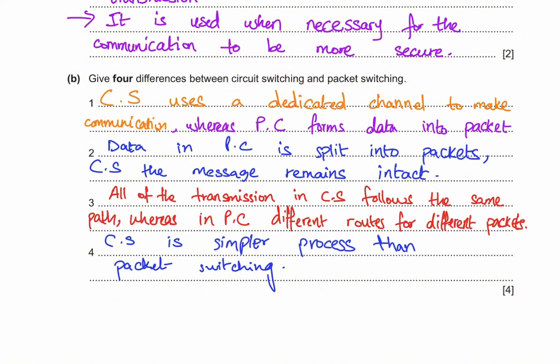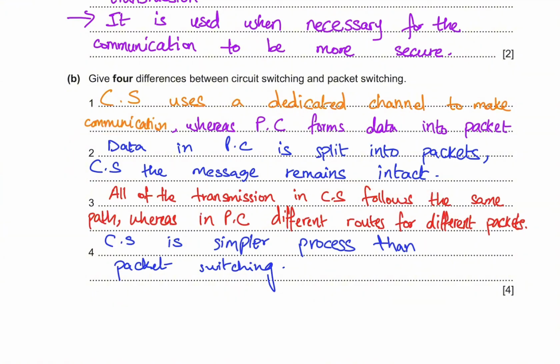Circuit switching uses a dedicated channel to make communication, whereas packet switching forms data into packets. By the name itself, you can say that it forms data into packets. Data in packet switching is split into packets, and in circuit switching, the message remains intact.